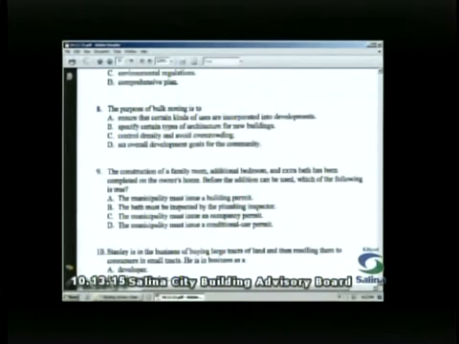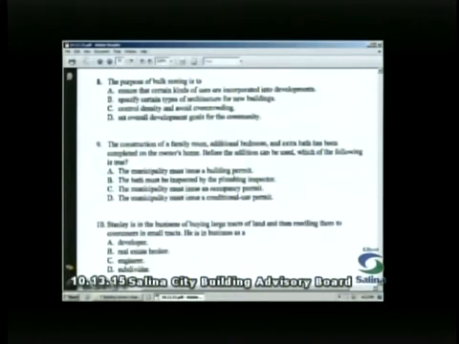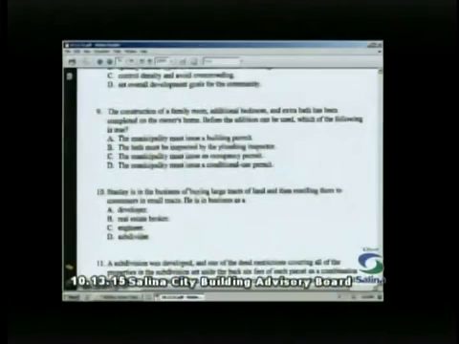Let's try C. That's correct. Construction of a family room, additional bedroom, and extra bath has been completed on a new owner's home before the addition can be used. Which of the following is true? C is correct.